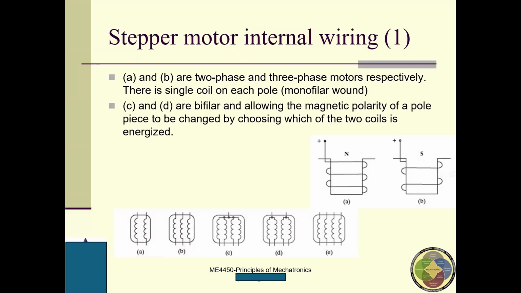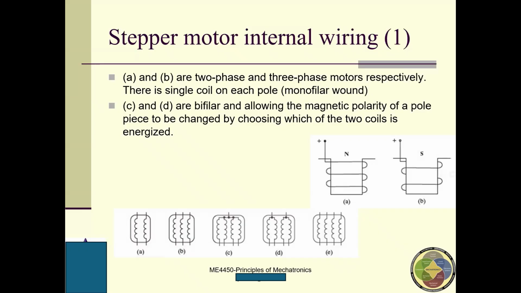Write down this. Monofilar means that we only have one coil on the same pole. So B, C, and D, they are bifilar. And bifilar means that on one pole I have two different weldings. I have two different coils.